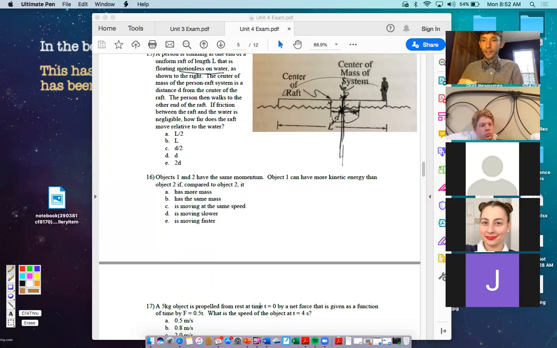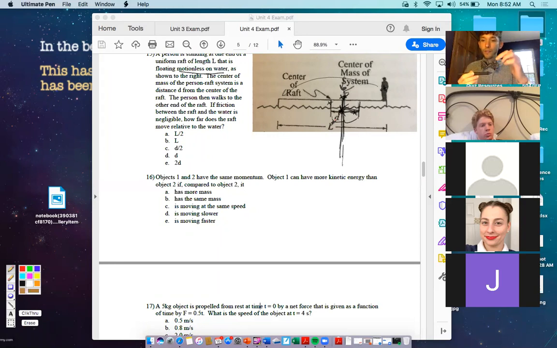In other words, if the center of my bow tie is the center of mass of the system from an external point of view, then as the man walks this way, the boat is going to have to shift its center of mass this way to keep the center of mass at that exact same reference point.